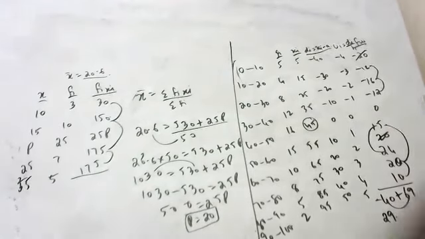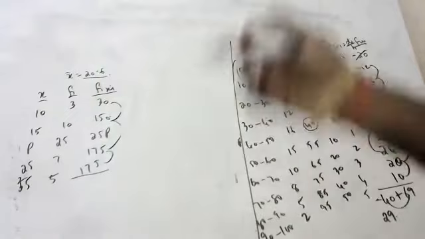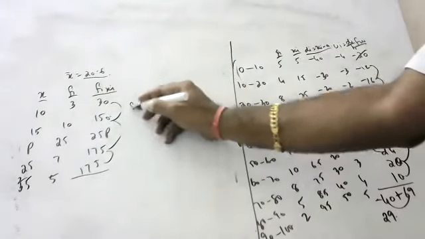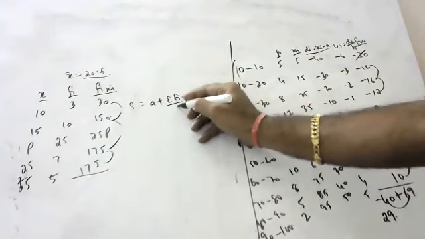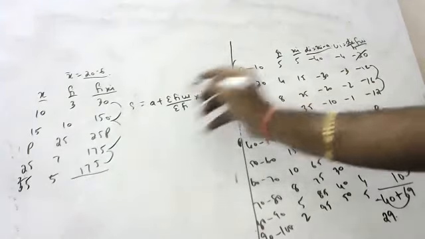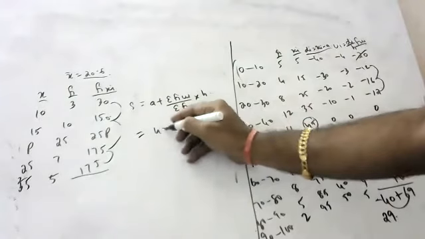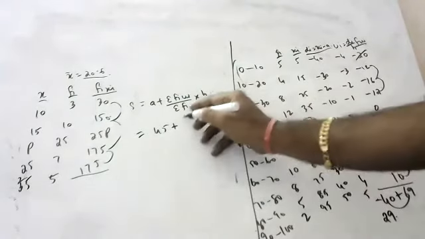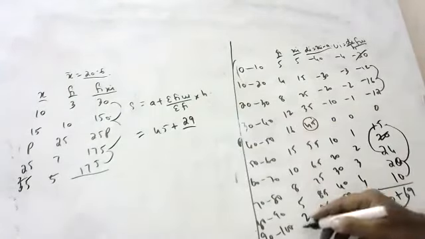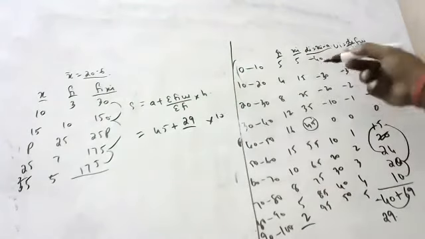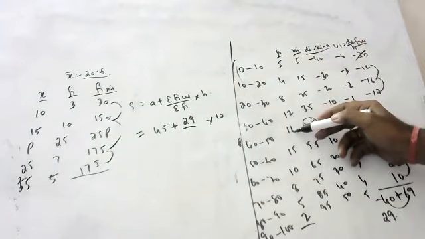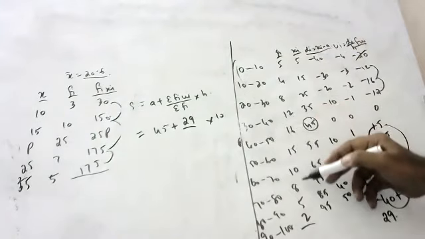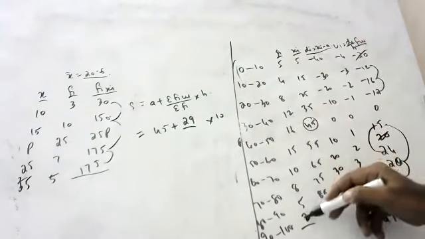So what is the formula? Assumed mean method, step deviation: A plus sigma FiUi by sigma Fi into h. Assumed mean is 45. FiUi we got 29. Class size is 10. Fi: 9, 17, 29, 39, 45, 60, 70, 78, 83, 85.